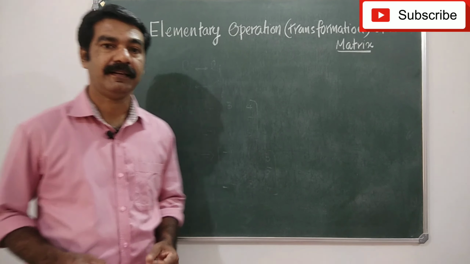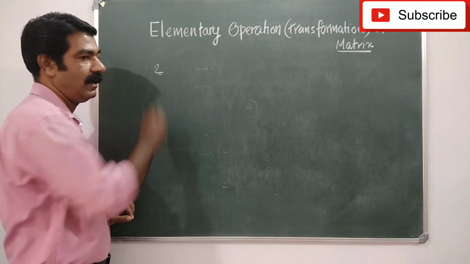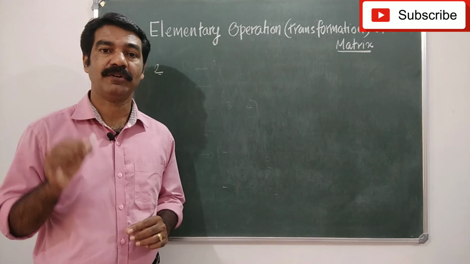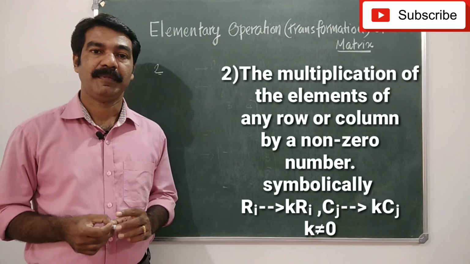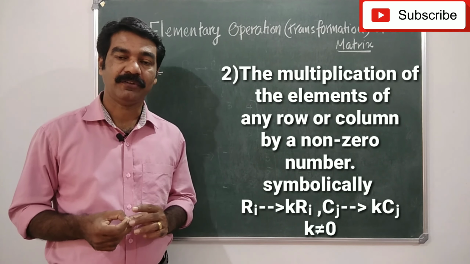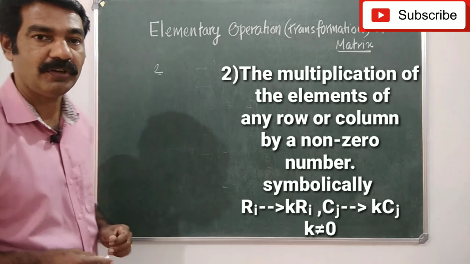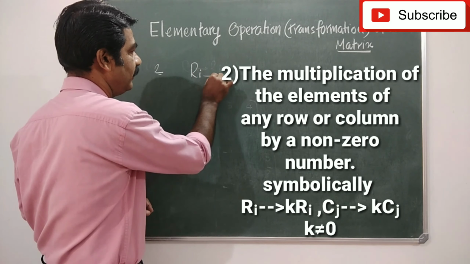Now the second operation is multiplication of the elements of any row or column by a non-zero constant. Symbolically we can write Ri changes to K Ri, and another one is Cj changes to K Cj.